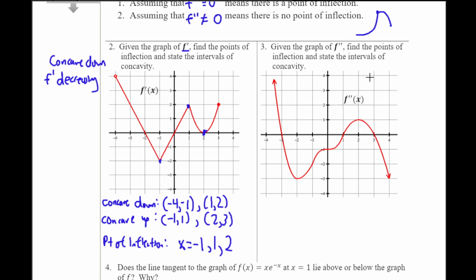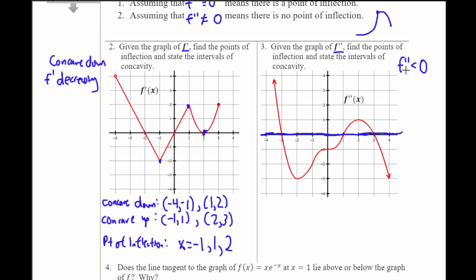But for question 3, points of inflection, if we're given the second derivative graph, we're simply looking at where the graph is negative, below 0, for concave down. Anything above the x-axis is positive, anything below is negative.